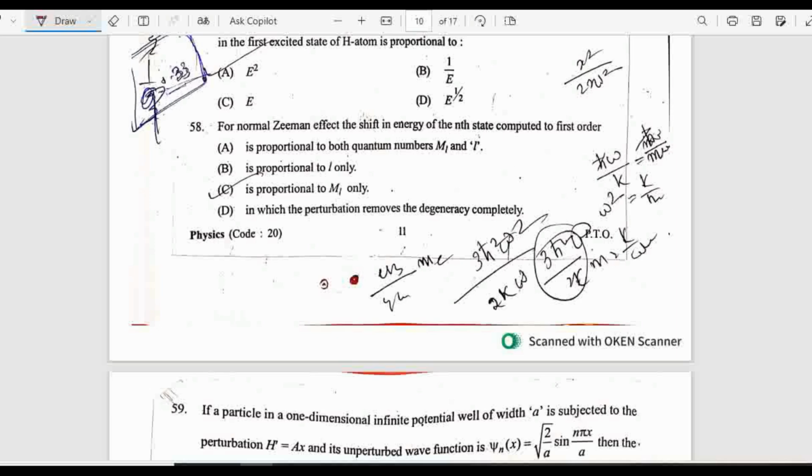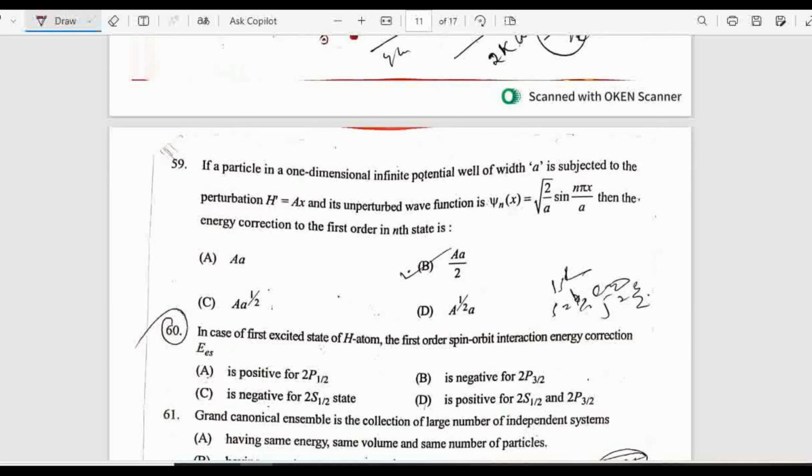Now let's see question number 59. It is given that a particle in a one-dimensional infinite potential well of width a is subjected to the perturbation H' equal to capital A x, and its unperturbed wave function is this. Then find the energy correction in the nth state.